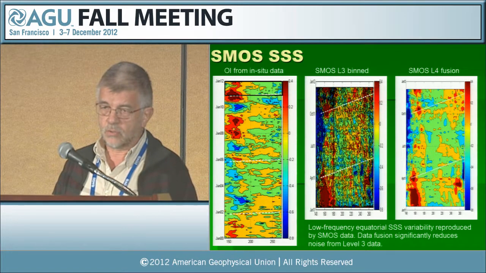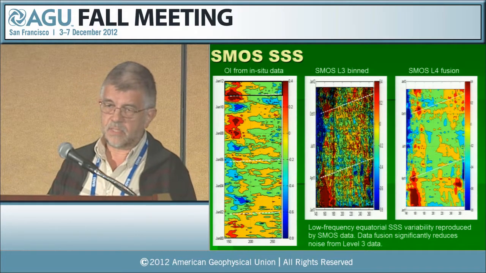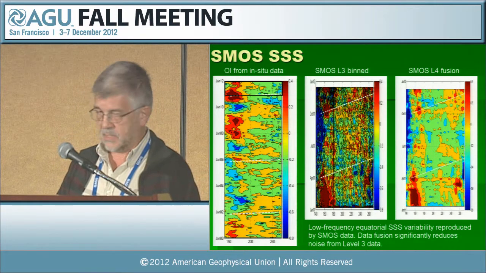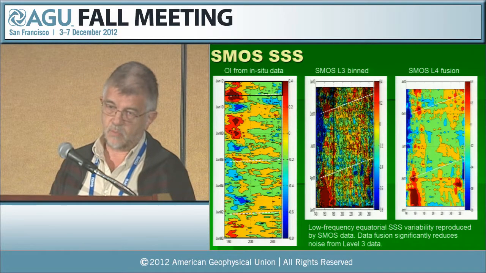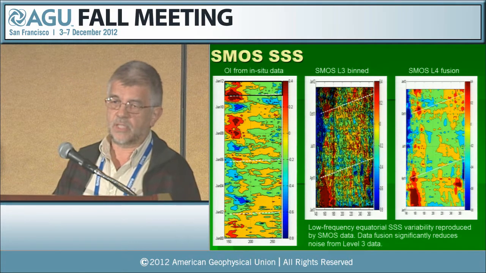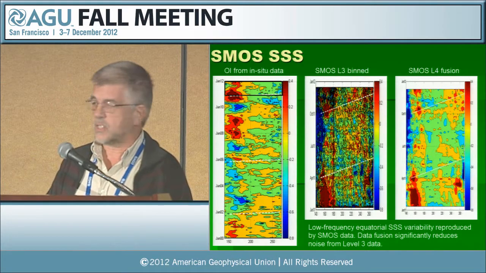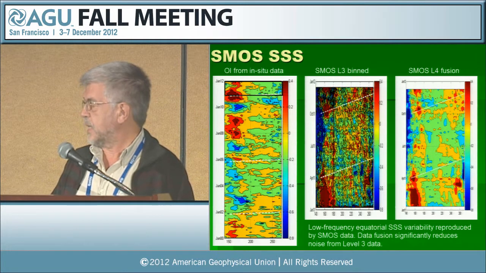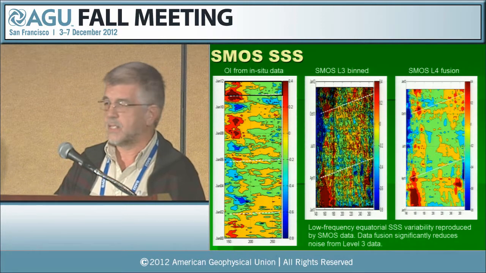And in the other two panels, we see the SMOS level 3 BINET data, and on the right, the level 4. We can see for sure that using level 4, we have a much better identification of the oscillations, because we have reduced the noise quite importantly, and we observe an evolution that is quite consistent with what is seen in the in situ data.